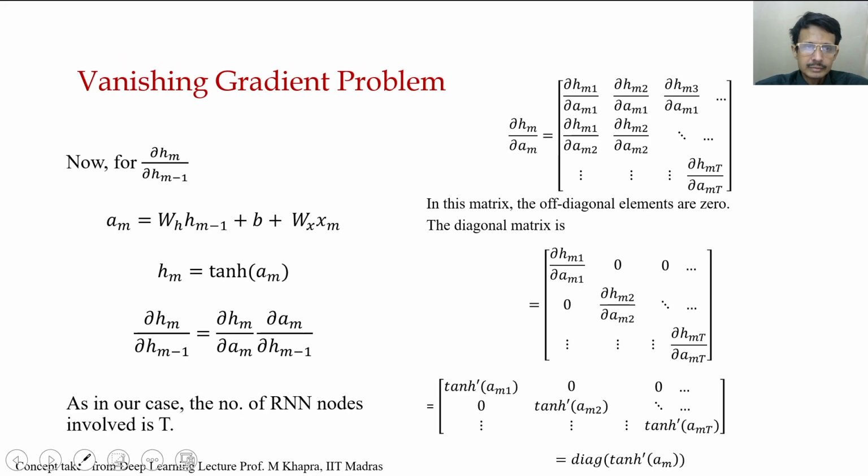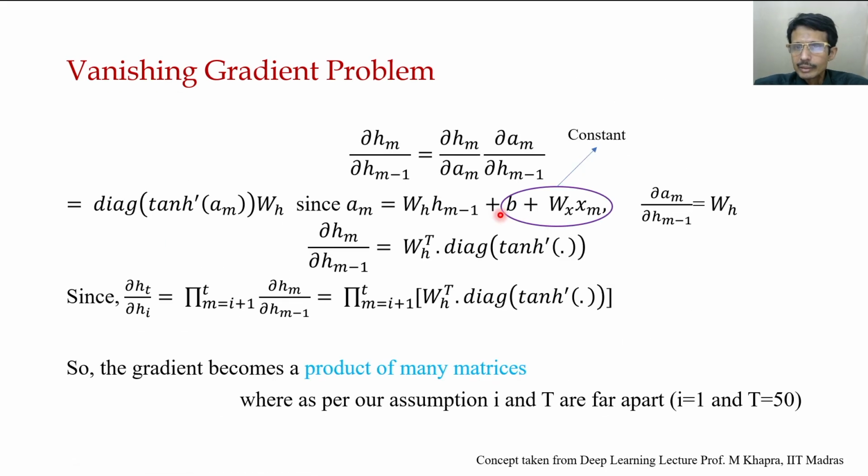We know that am equals Wh hm minus 1 plus b plus Wx x. If we take the derivative of this with respect to hm minus 1, the other terms are constants and become 0, so it becomes only Wh. So this is exactly what we get: del of am by del of hm minus 1 equals Wh.